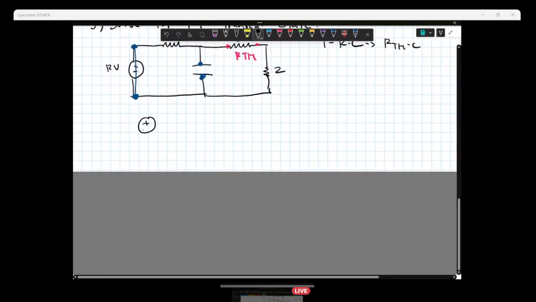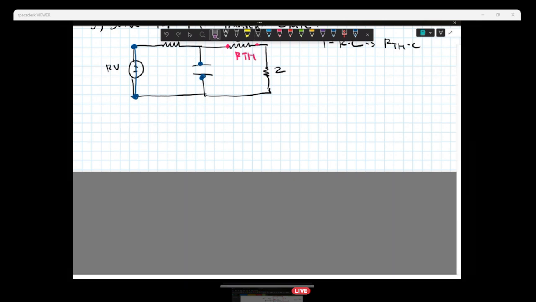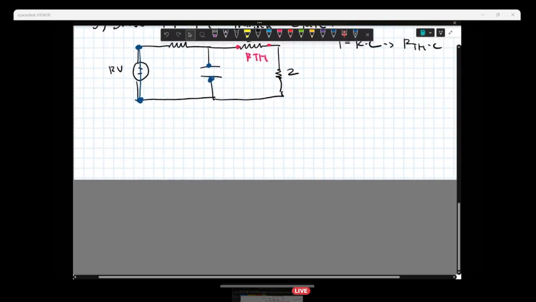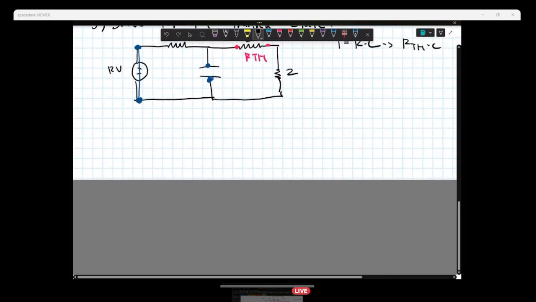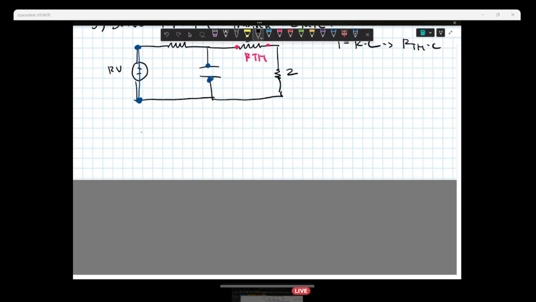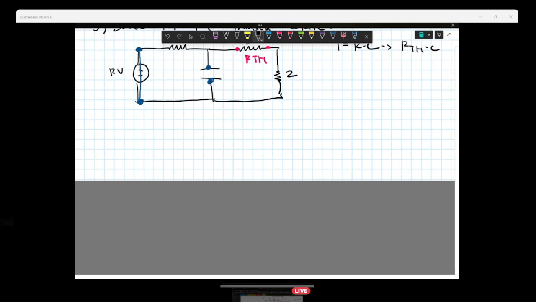That's how you do it, right? In Thevenin, we kill off a voltage source and short it; current source we open.